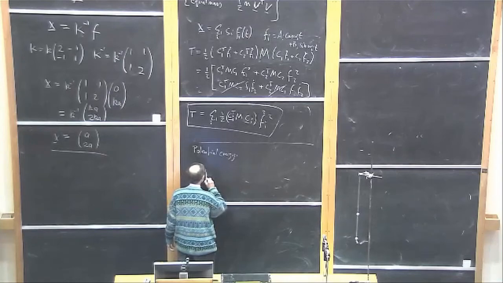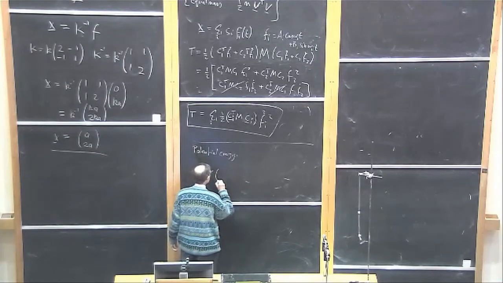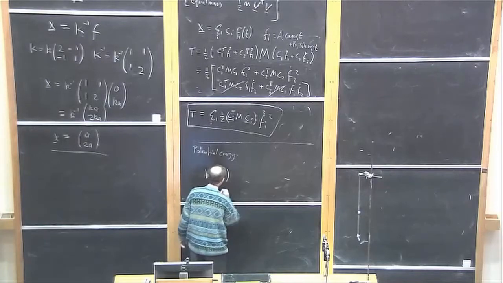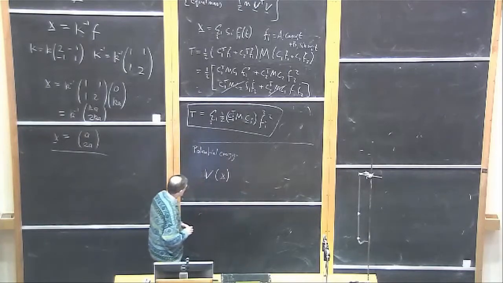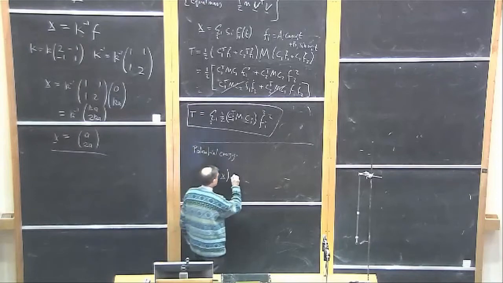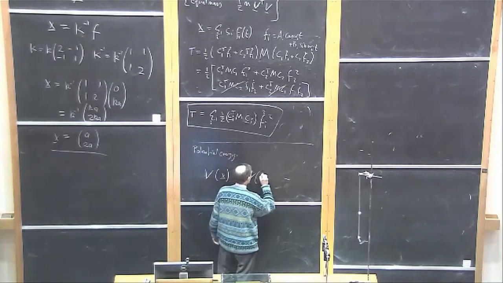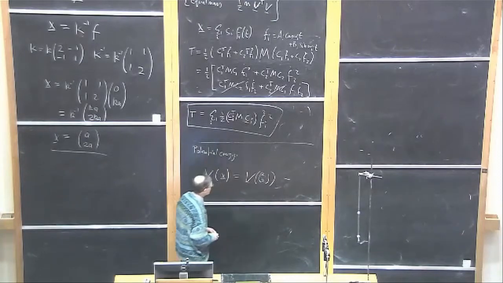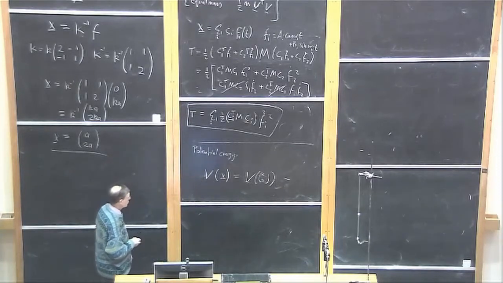So what I want to find is the potential energy V when particle 1 is at x1 and particle 2 is at x2.